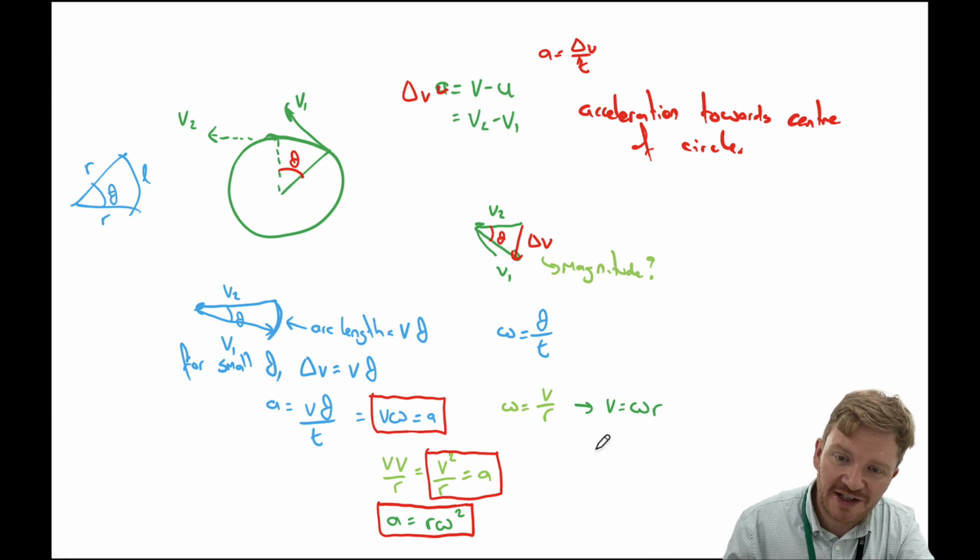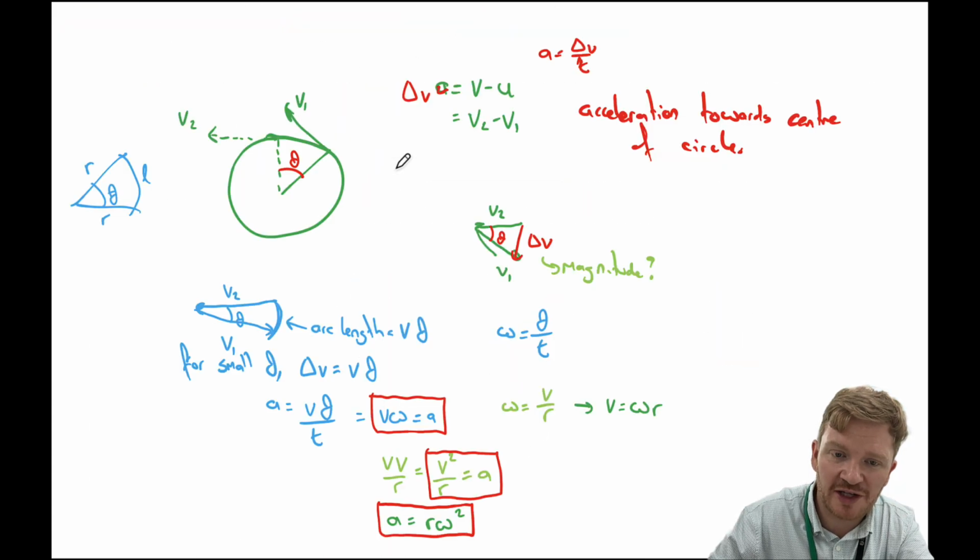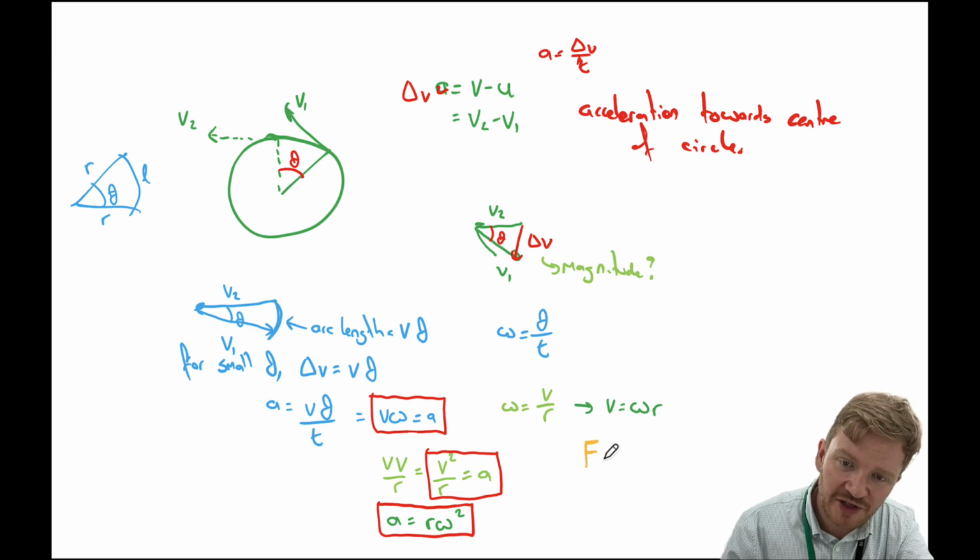The final phase is to ask, what about the actual magnitude of the force? If we think all the way back, we kept saying that centripetal force is a force that makes things go in a circle. So how do we find that? Well, the good news is Newton was always correct, so force is always equal to mass times acceleration.